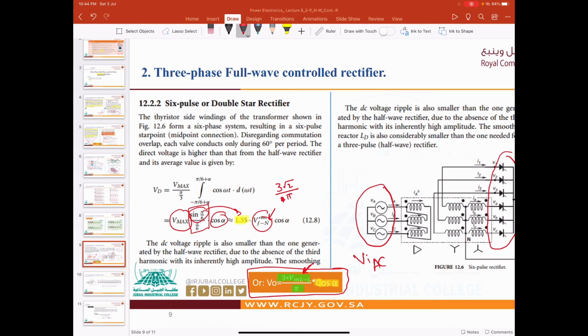Or, because there are 6 diodes, we can use 6 divided by 2 pi. If you have your calculator with you, we can multiply 6 multiply square root of 2 divided by 2 pi. Yes, the answer is 1.35. This is correct.